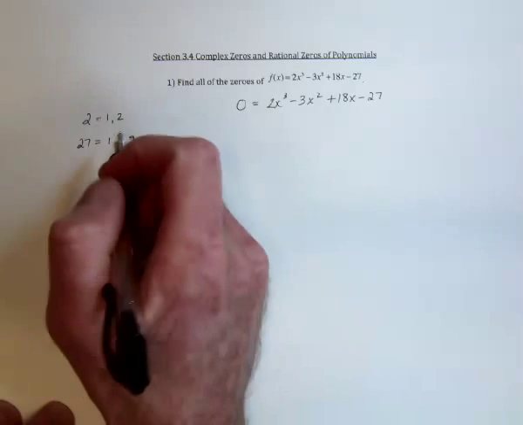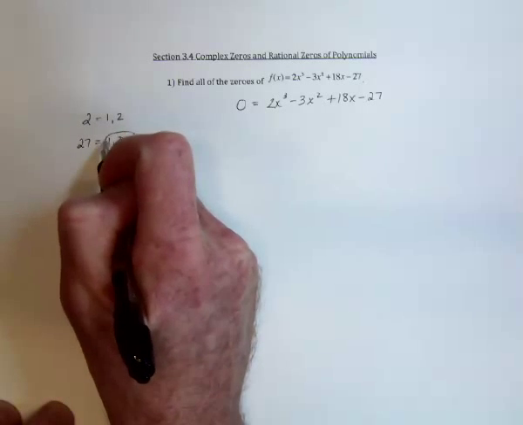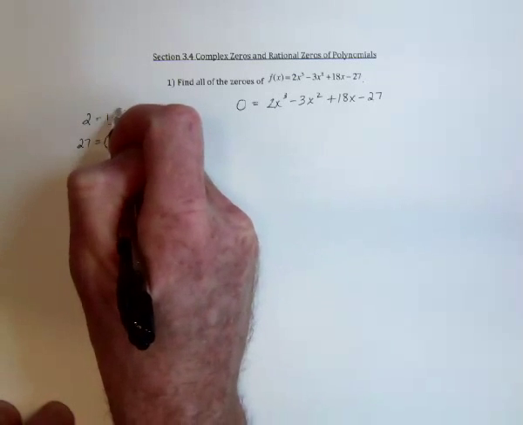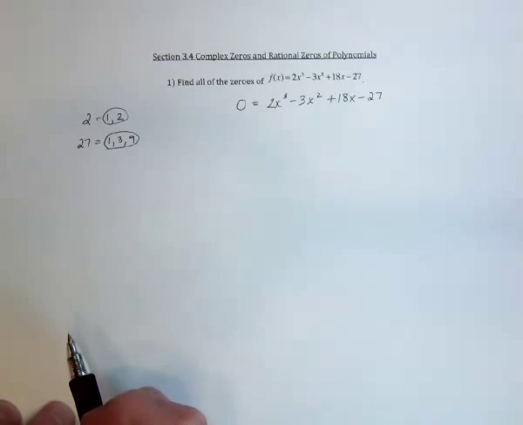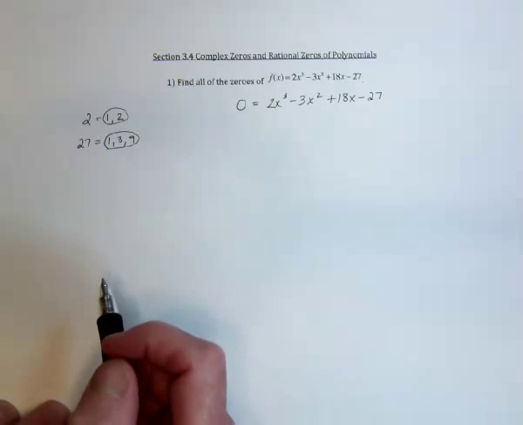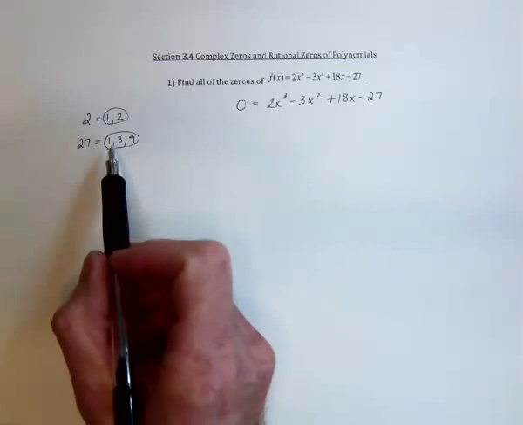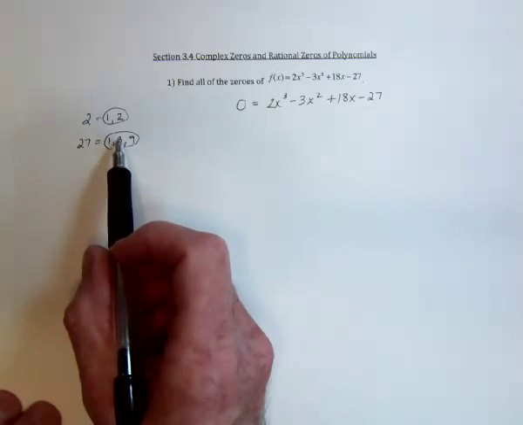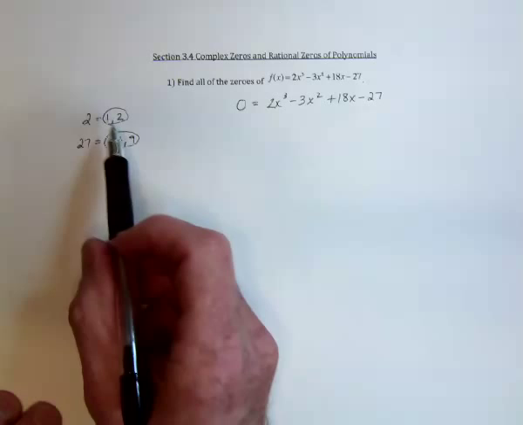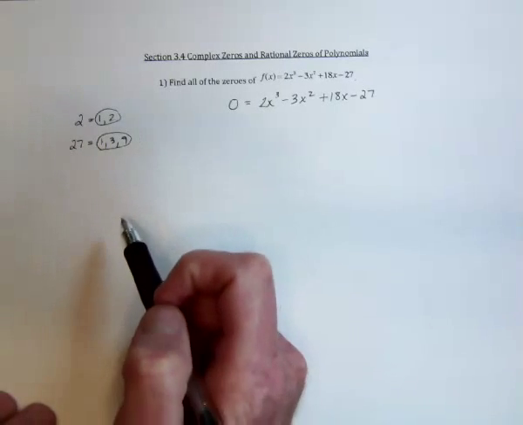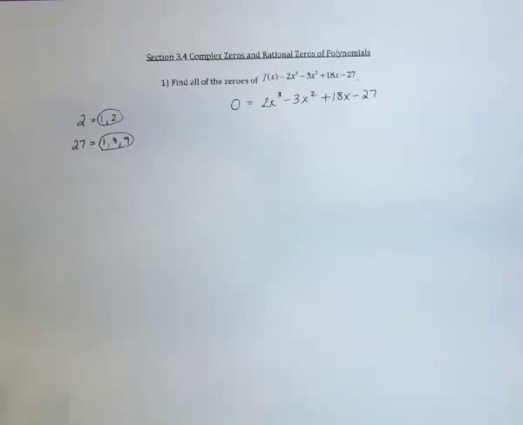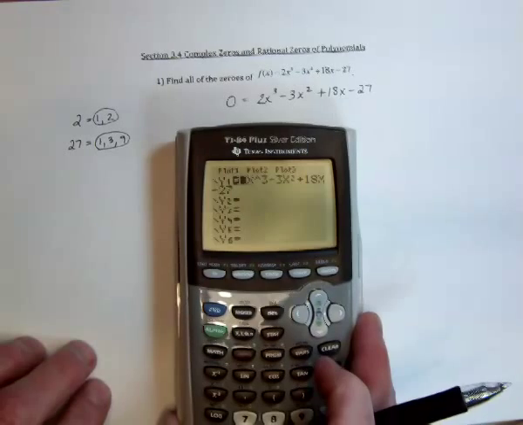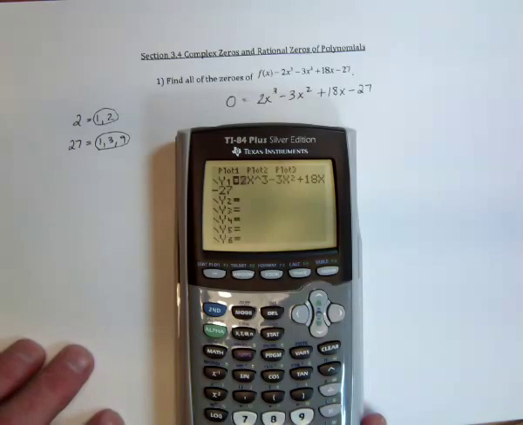And now take one out of here and divide it by one of them out of here. So there are lots of possibilities, because we could have 1 divided by 2, 1 divided by 1, 3 divided by 2, 3 divided by 1, etc. So to save a little bit of time, I'm going to take a look at the graph of the function.